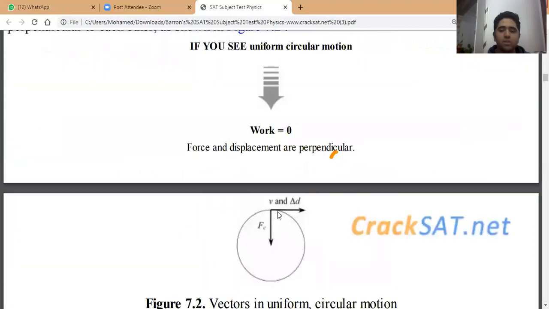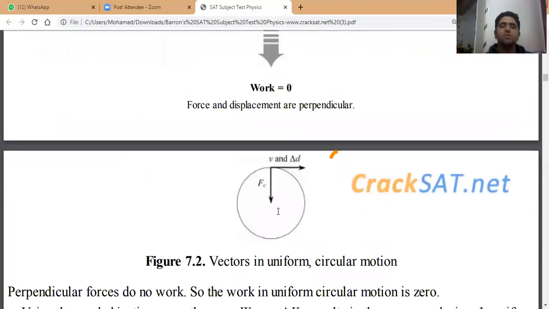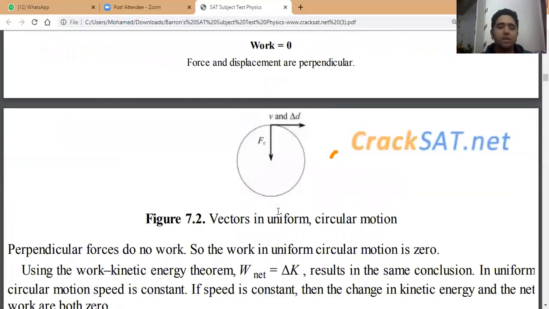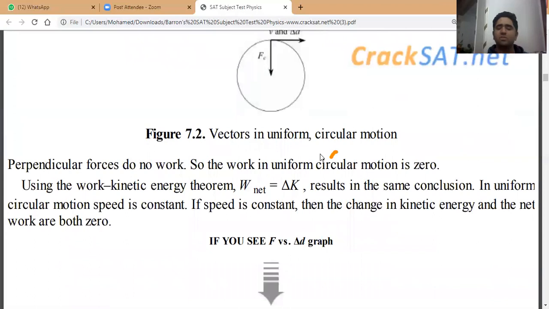Now what this section also says is when we have an object that is rotating in a circle, there isn't actually any work, because there's no change in kinetic energy. The velocity is constant. There's no acceleration.